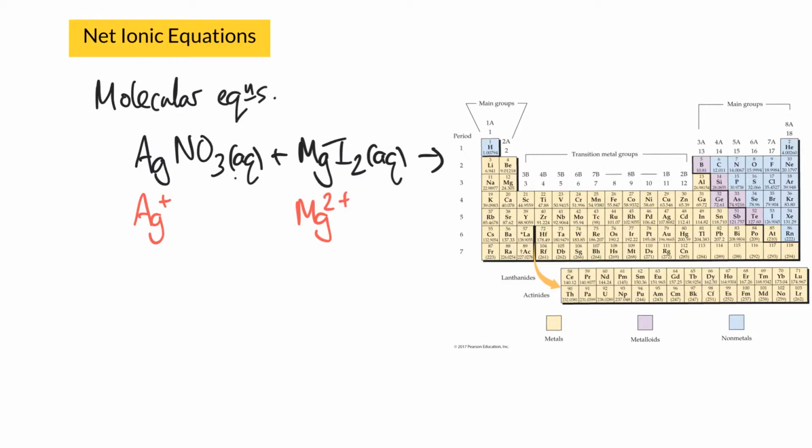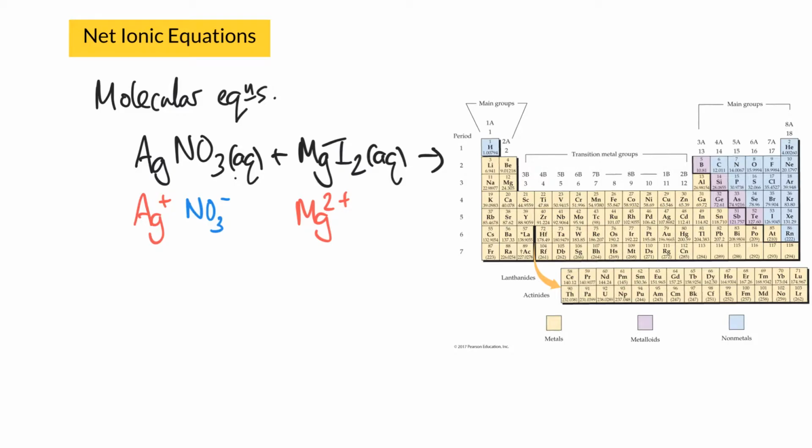Silver is actually one of those that you can't figure out from the position on the periodic table. And the way you figure it out is that you look at the other ion. So that other ion is NO3-, that is nitrate. And you remember that nitrate has a charge of -1. So if it has a charge of -1, and you've only got one of them, then the silver must have a charge of +1.